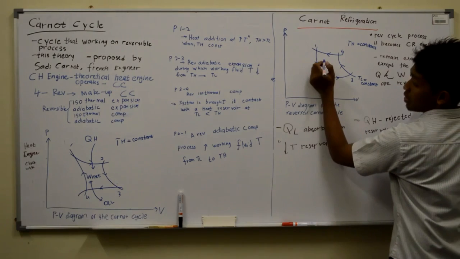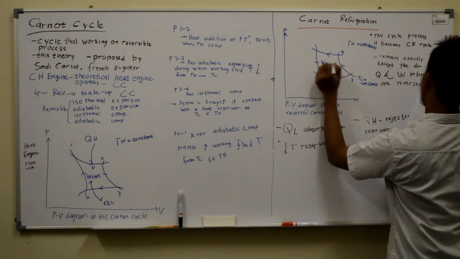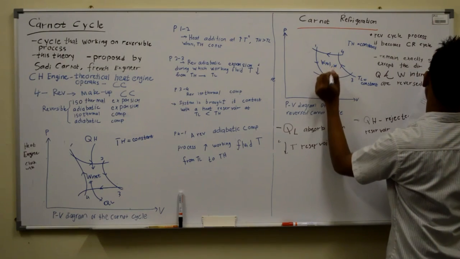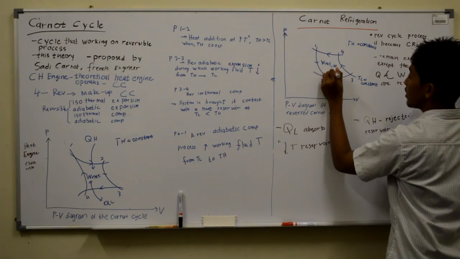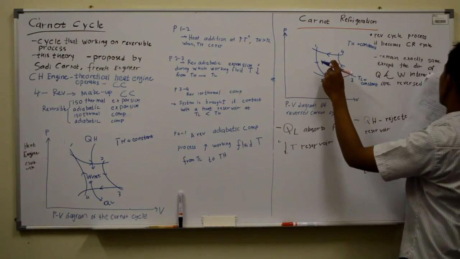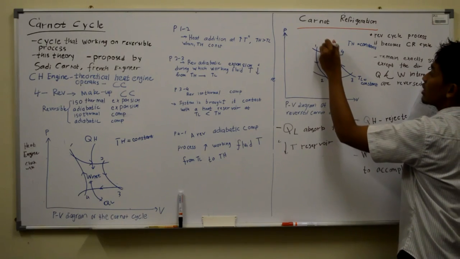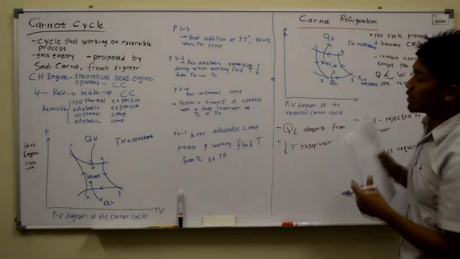Then the total work net in, and then the low temperature heat goes into the system, while the high temperature heat is released out. You can see the difference.